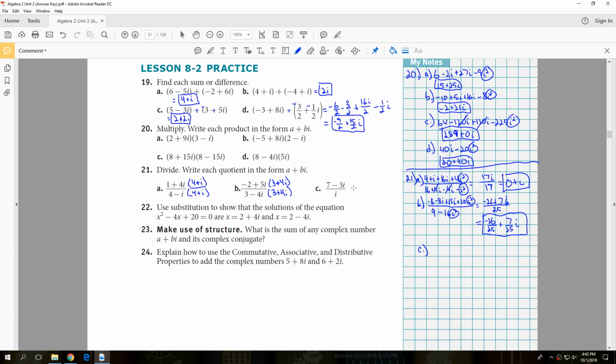And C, let's see here. If I had, for example, this is equal to 7 minus 3i over square root of -1. If you had the square root of anything, you would just multiply by square root of -1, right? But I also want to show you that you could do it like this.